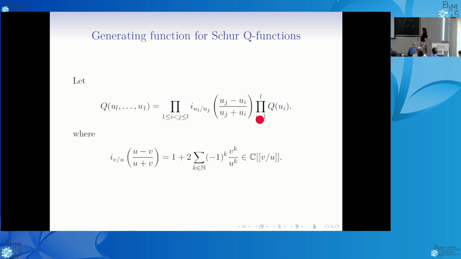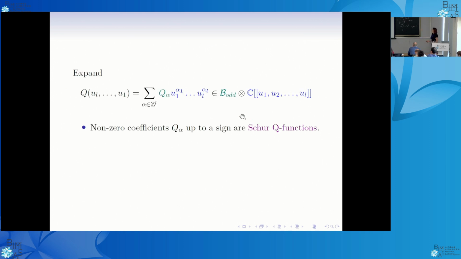So we have here these generating functions for elementary Schur Q functions. Again, we take this series and expand it in monomials, and we get here Schur symmetric functions and monomials.